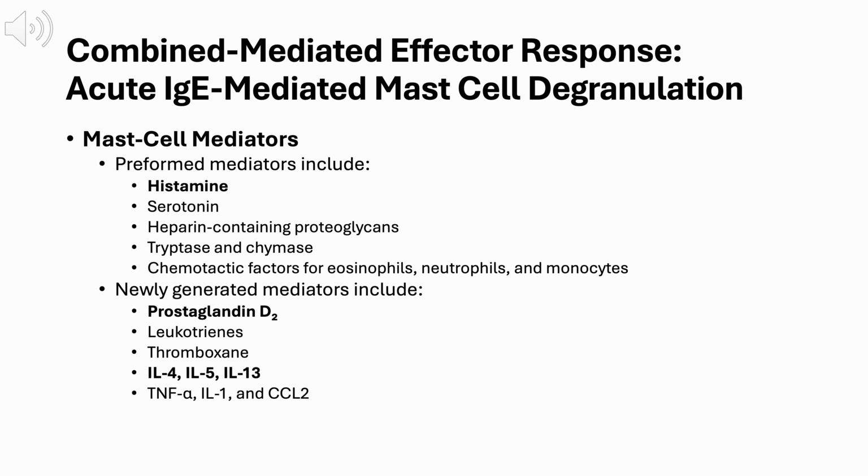Then, generated fresh on demand, come the newly synthesized mediators, prostaglandin D2, leukotrienes, and thromboxane, all arachidonic acid derivatives, along with a suite of cytokines, IL-4, IL-5, and IL-13, plus TNF-alpha, IL-1, and the chemokine CCL2. Notice something important in that cytokine list: IL-4 and IL-5 again, the Th2 cytokines.